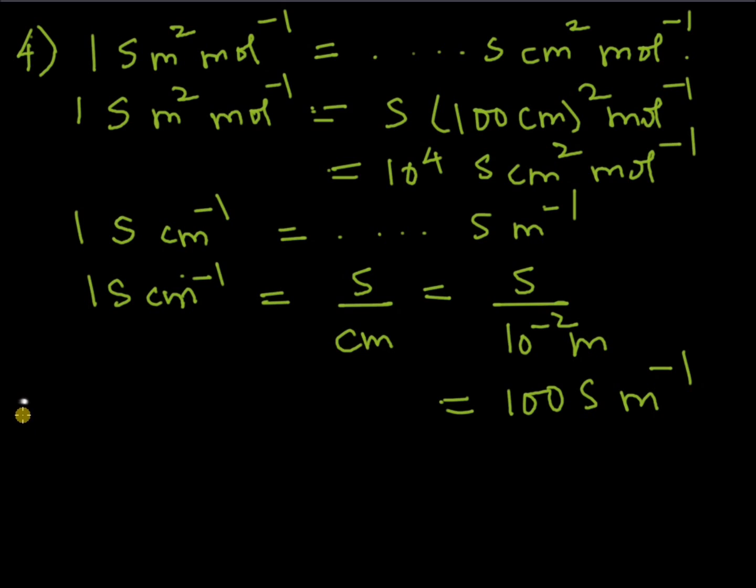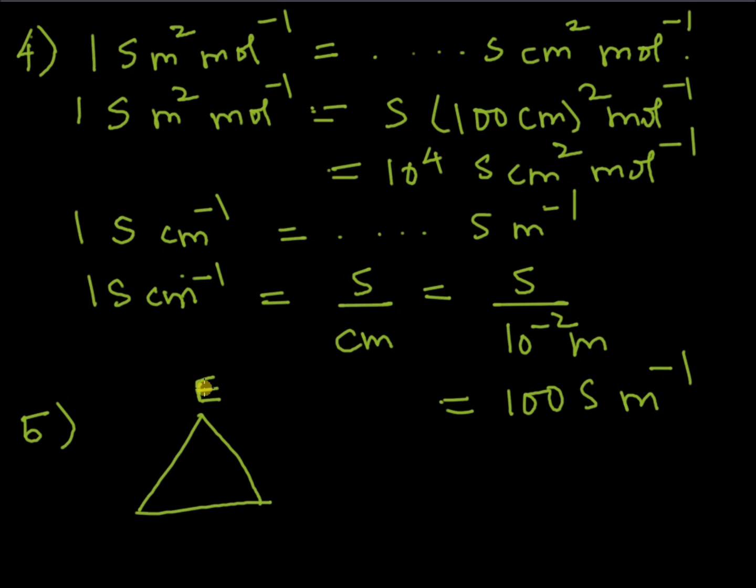Then in the fifth question, you are given 3 important values that you come across in electrochemistry.